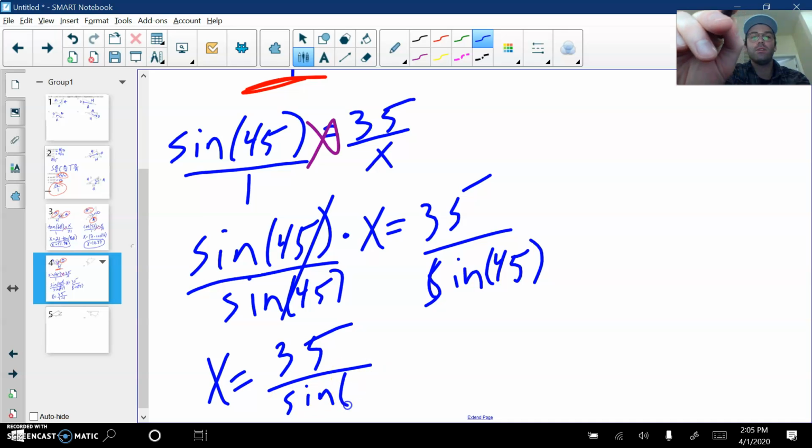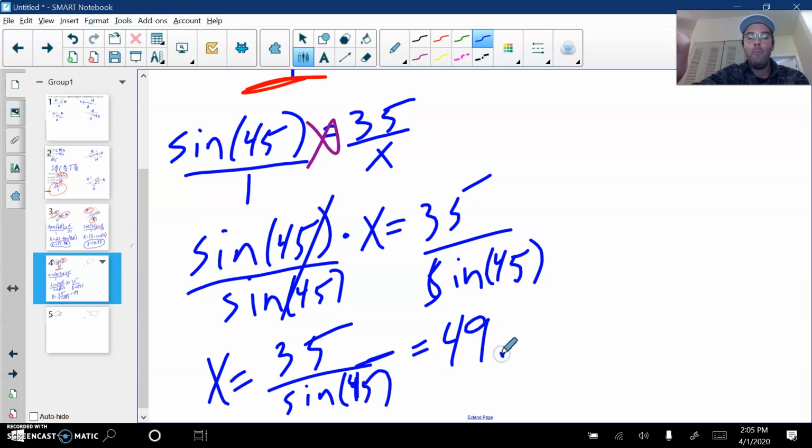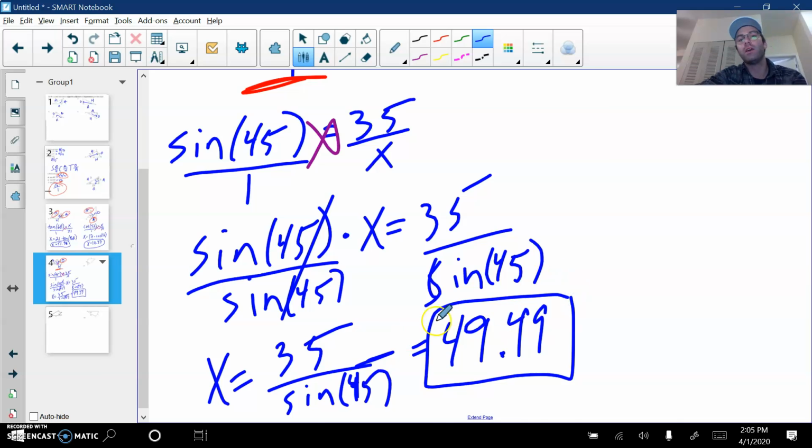This is something that tends to trip up a lot of people. If you were confused by this, you are not alone. All right, you should get 49.49, or 49.5, for my X value.